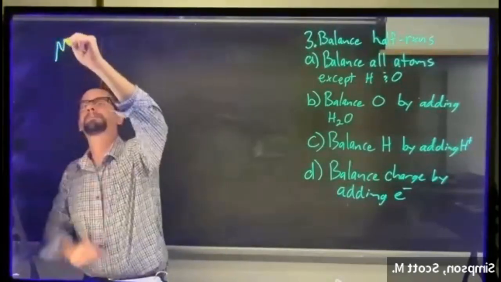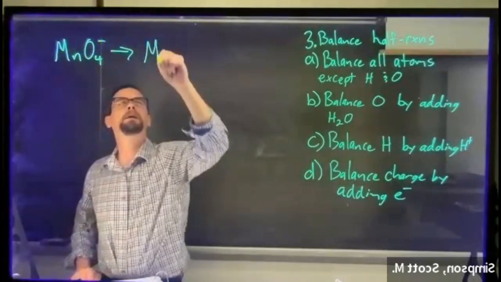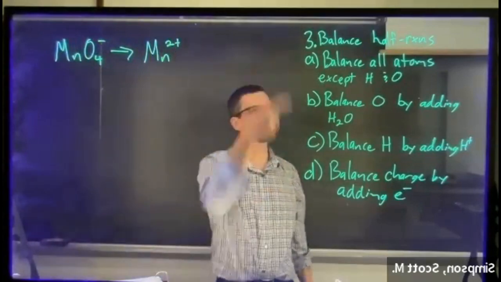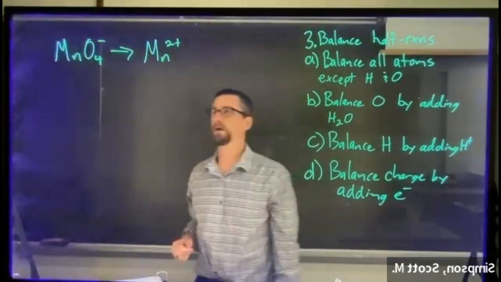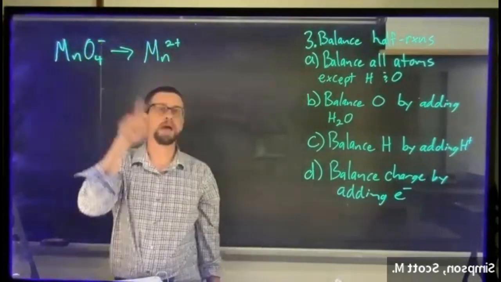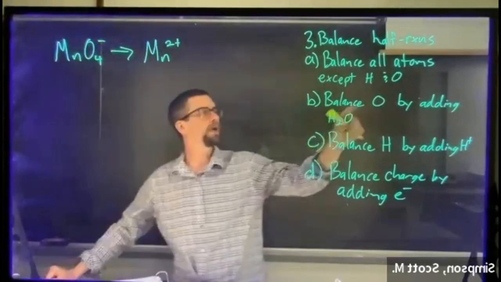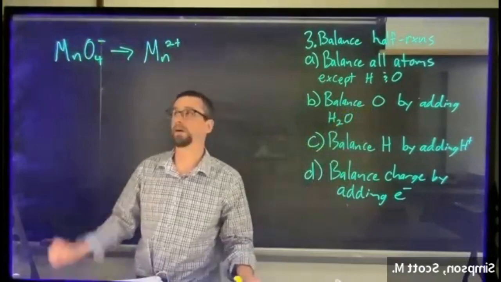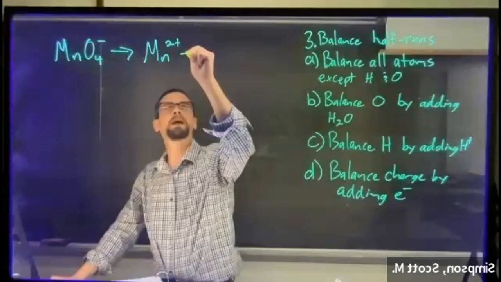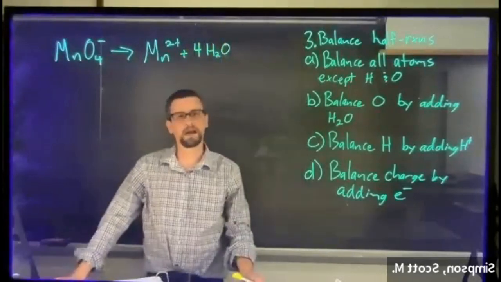So we have our MnO4 minus going to Mn2 plus. We have to follow the steps here. We want to balance all atoms other than oxygen and hydrogen. We only have one manganese, so we fulfilled criteria A. Now we have to move on to B. We've got to balance the oxygens by adding water. In this case, we have 4 oxygens on the reactant side, so we have to introduce 4 waters on the product side.